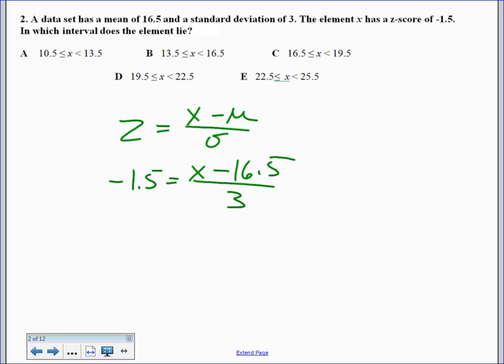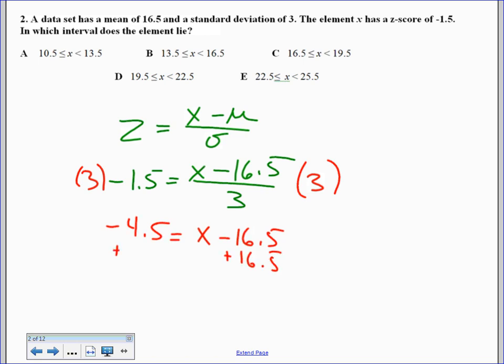So now this is just an algebra problem solving for x. We multiply both sides times 3, and we get negative 4.5 equals x minus 16.5. Add 16.5 to both sides, and we get 12.5.